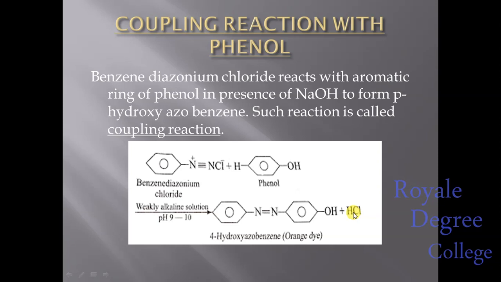Then what is remaining there? Benzene ring, single bond, and here a double bond will be there. One of the bonds is shifted towards this side, to which the whole phenol group is going to attach. That is benzene ring, single bond only. So it is named 4-hydroxyazobenzene, which is nothing but an orange dye.